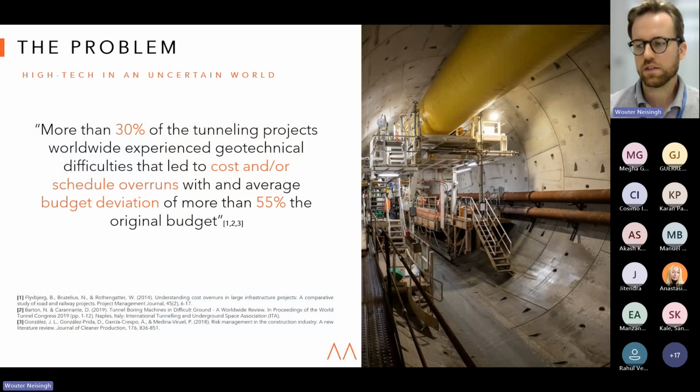However, there's a significant challenge. In the projects that are carried out in tunneling specifically, worldwide, 30% of the cases experience cost and or schedule overruns that have a geotechnical origin lying at the base of the problem. It's not a small deviation.